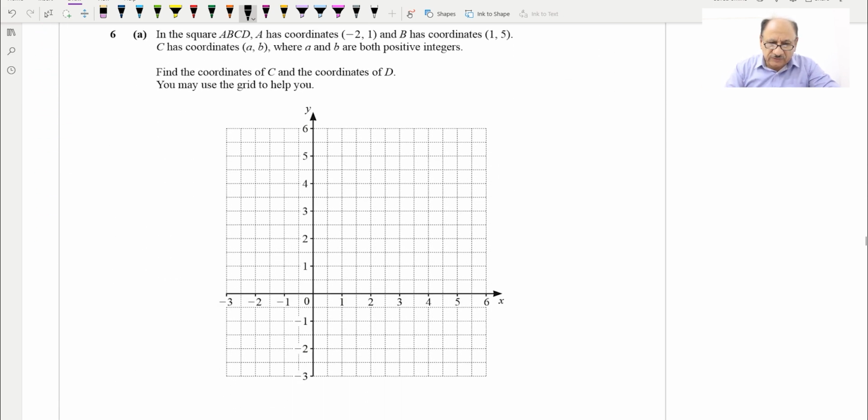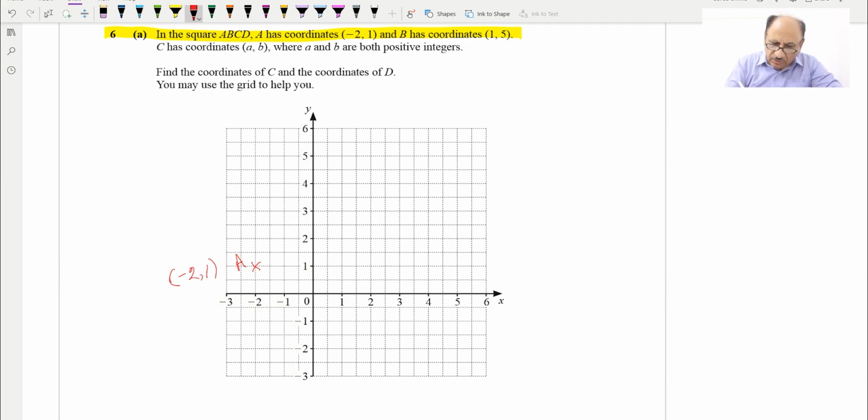Now question number 6. Question number 6 says, a part in the square ABCD, A has coordinates -2 and 1. So where is -2 and 1? -2 and 1 is this one, and this is A. And then B is 1 and 5.